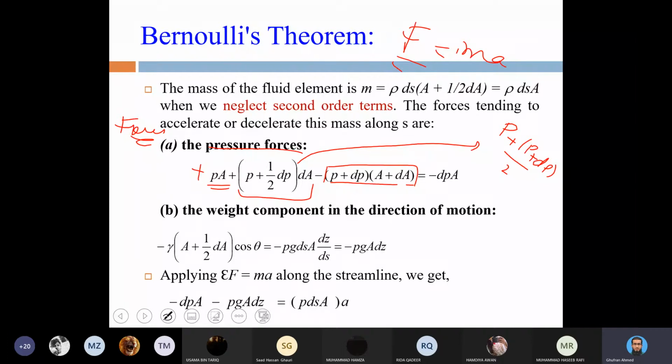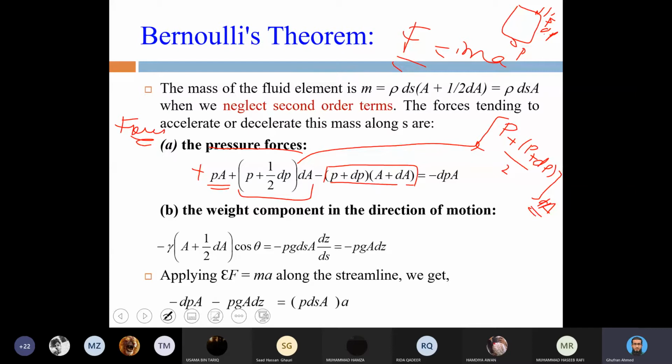We just took the average of both the pressures. I mean, this is P and this is P plus dP. So we have considered the average of these two pressures, and we multiply it by the change in area, since it is basically the pressure acting over the change in area. That's why we have included this.